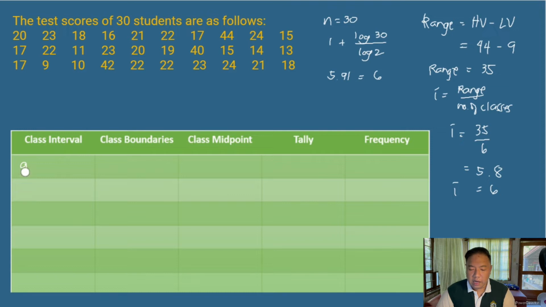So, 9 plus 6, that will be 15. Plus 6 is 21. Plus 6 is 27. Plus 6 is 33. And plus 6 is 39. Okay? So, that will be our lower class limits. So, magkakaroon na tayo dyan 9, 15, 21, 27, 33, and 39.